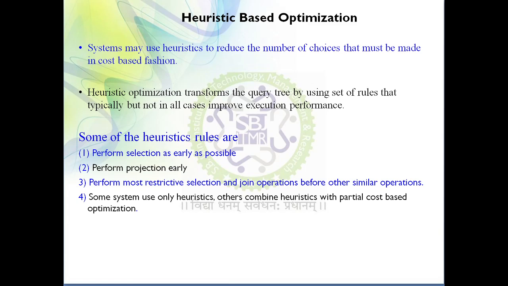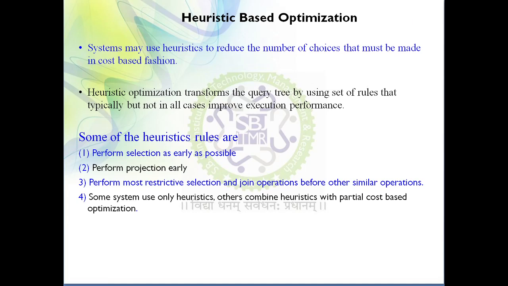Nowadays most databases use a combination of both cost based as well as heuristic based. Initially only one was used, but nowadays most databases are using a combination of both techniques. So here I'm explaining the rules that you need to consider in heuristic based optimization. I just told you the rules.